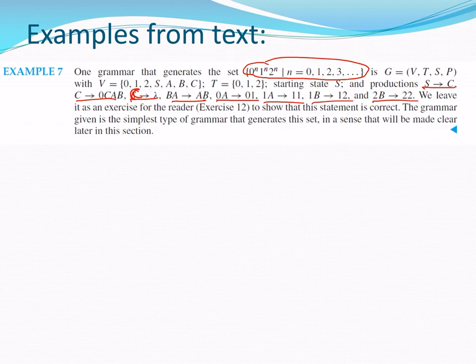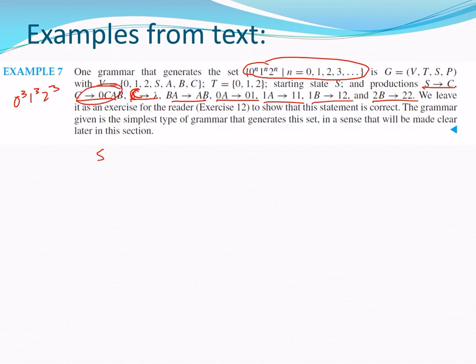Okay, so let's generate 0^3 1^3 2^3. So I know I'm going to apply this 3 times.